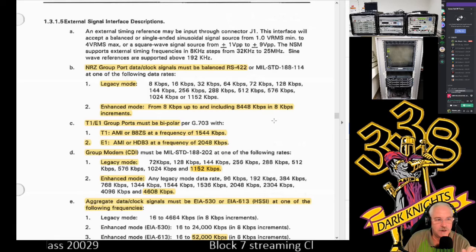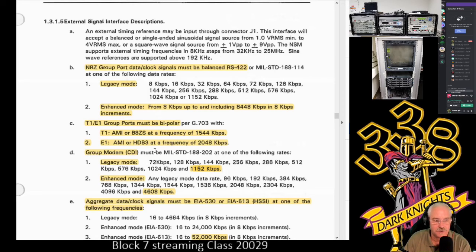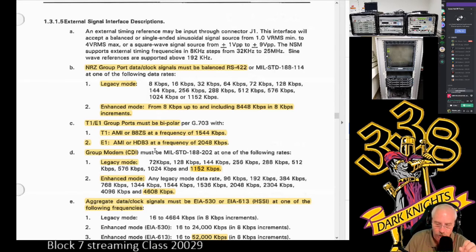You got the T1E1, and here's where I like to point out some differences. It says AMI, which is alternate mark inversion, and it says B8ZS. What does that mean? Well, if you look that up on Google, you will find out that it is for the North American multiplexers, and it's a T1 line.